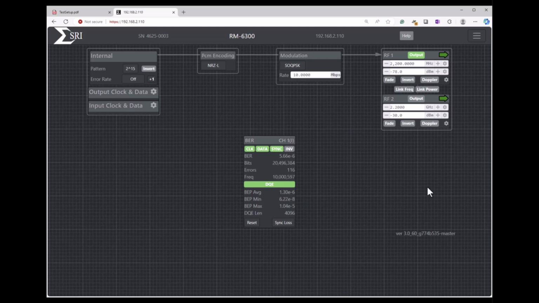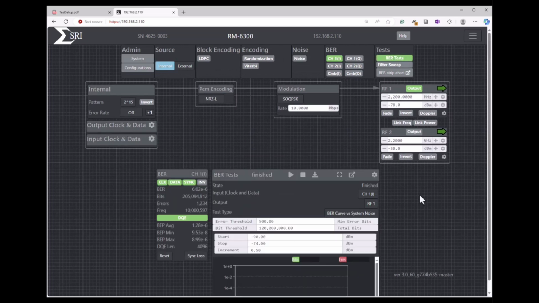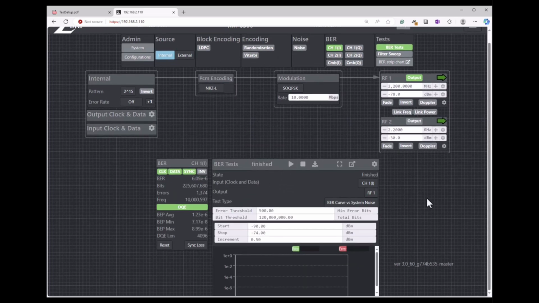As Ashley went through previously, there are a number of qualification tests for determining the accuracy of the data quality metric. What we'll do today is look at a test, in this case, a familiar waterfall curve.